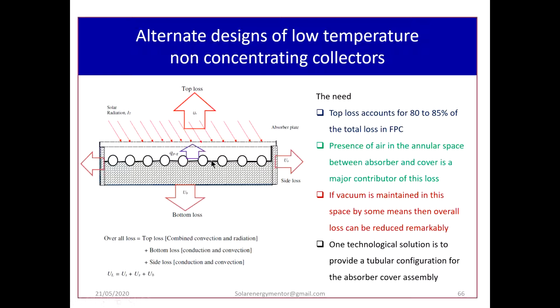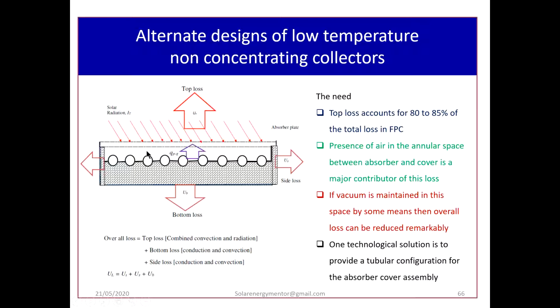Now how have we calculated these losses? The top loss involves convective heat transfer from the receiver plate to the cover, then convective heat transfer from the cover to ambient, and then radiative heat losses from the plate to the cover and from the cover to ambient.